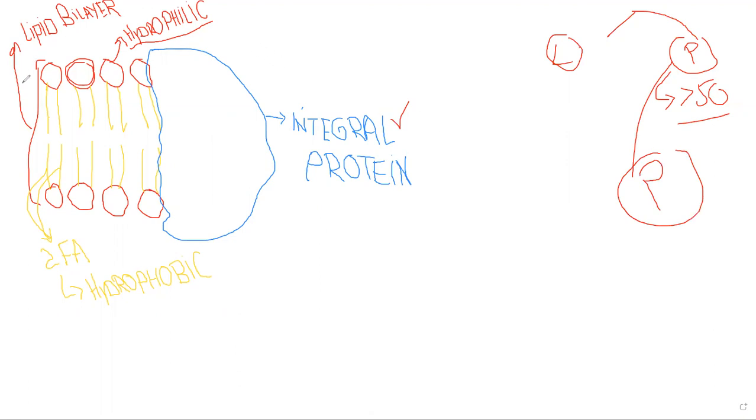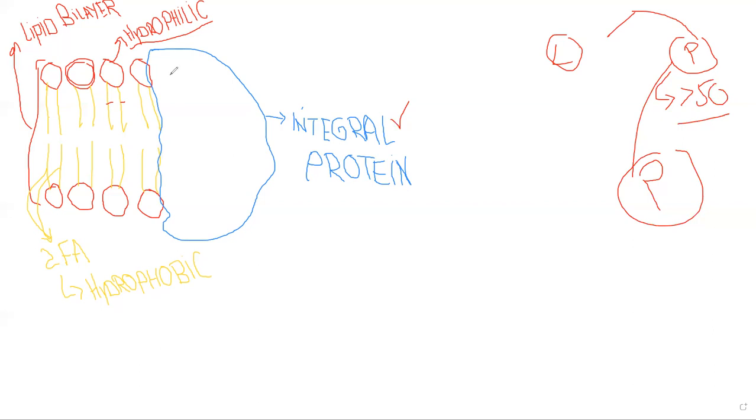The other thing is the lipid. The cell membrane is composed of a lipid bilayer. The lipid bilayer consists of phospholipids, each with one head, which is hydrophilic, water loving, and two fatty acid tails, which are hydrophobic, meaning water repelling.